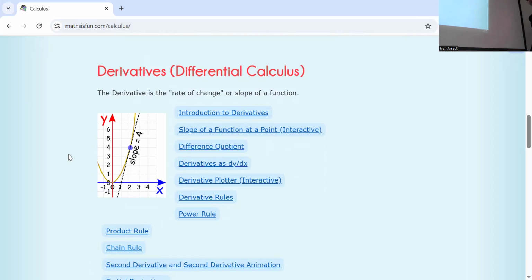What does it measure? If I calculate the derivative of this function, dy/dx, and I evaluate that at this point, which is x equal 2, it gives me the slope of the tangent line at this point, so I can know the equation of this straight line.